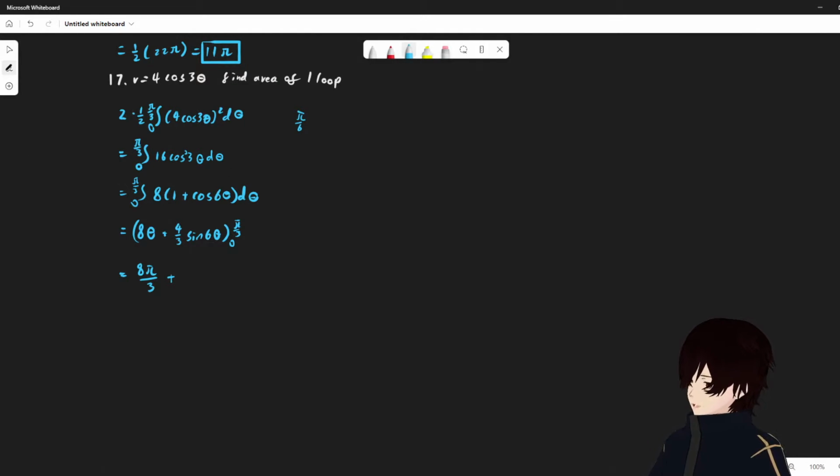Let me confirm something real quick. We go from 4 cosine 3 theta. Yeah, I forgot. Pi over 3 is 2 loops.